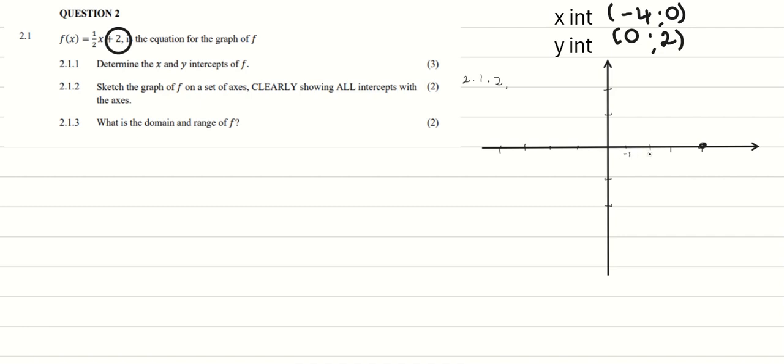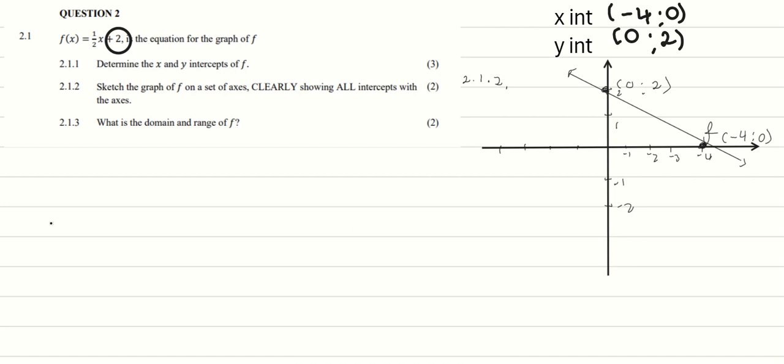Negative 1, negative 2, negative 3, negative 4, and the y int is at 2, and I'm going in 1 increments, so we have minus 1, minus 2, 1 and 2, so the y int is over here, and so now this line looks something like that, alright, with the little arrows on the end, with the name f, and I would even go as far as to write in these points, just in case you get a point for writing them in, right? And there's the answer to 2.1.2.